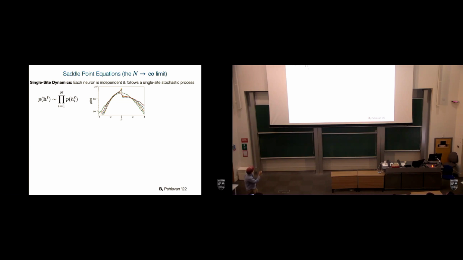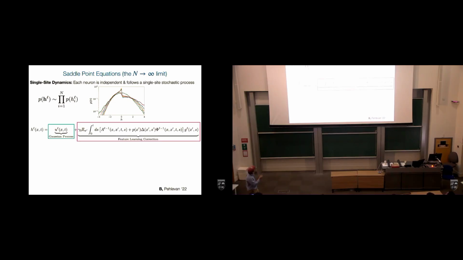And the claim is basically that asymptotically, as n gets large, this joint measure on n neurons is factorizing into a product measure. So each neuron's IID. And okay, again, the equation doesn't matter, but it's a teal Gaussian process, and then it's a feature learning correction that's non-Markov that's capturing all these effects. So this is the effect you get from learning the features.